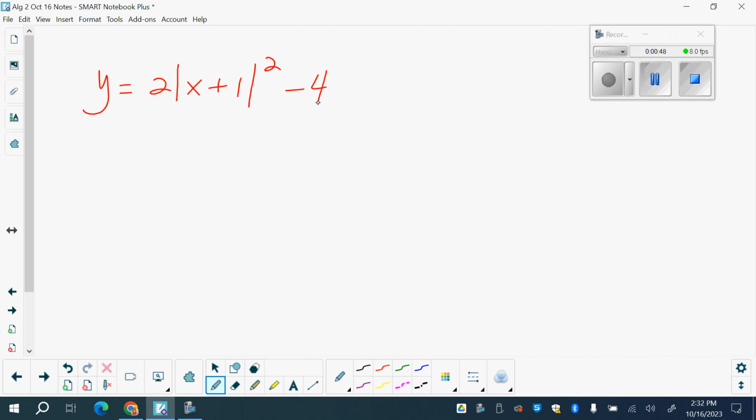So back to absolute value graphs. How do I know this is an absolute value graph? What tells me that? There are lines. That's right. These symbols here are absolute value symbols, here and here. And so what is my vertex for that absolute value graph?